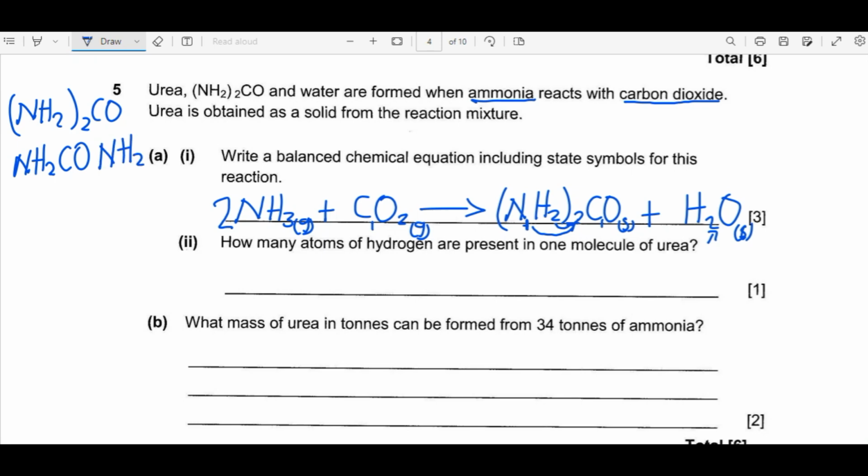It's the same. So we have 2 amide groups of this in one molecule of urea. So from the above you can just say 2 times 2, we have 2. Then from the one below here we can just say 2 plus 2. So there are 4 atoms of hydrogen.